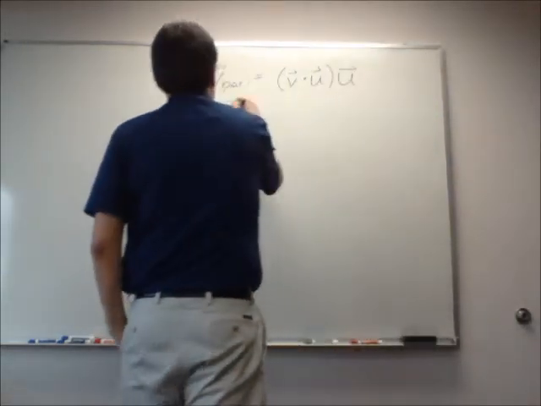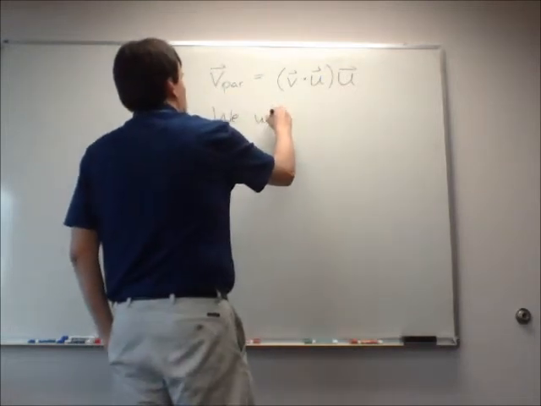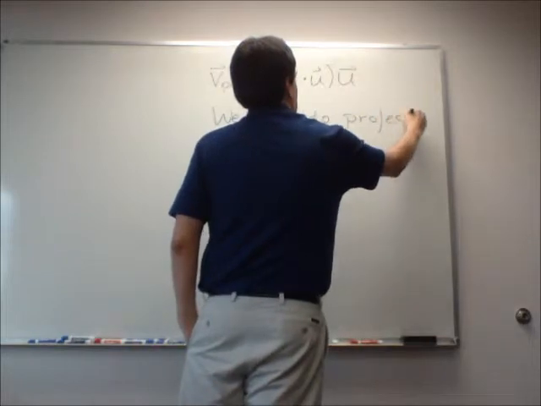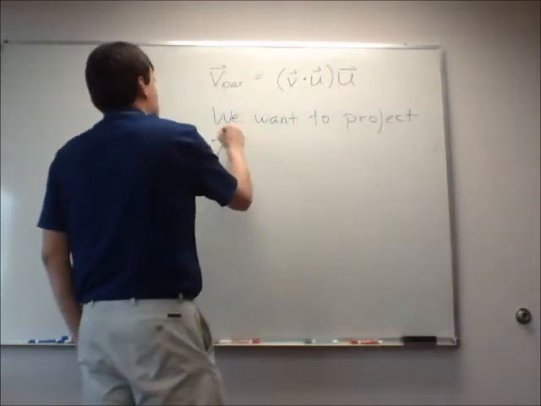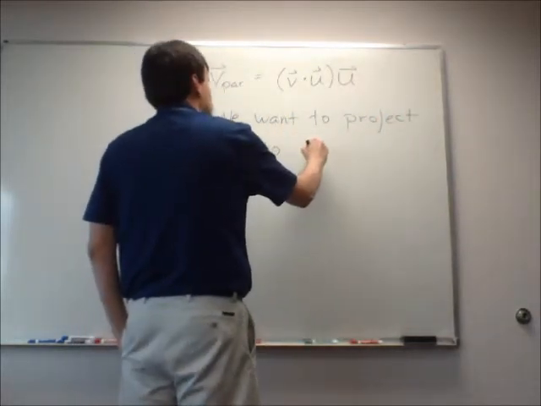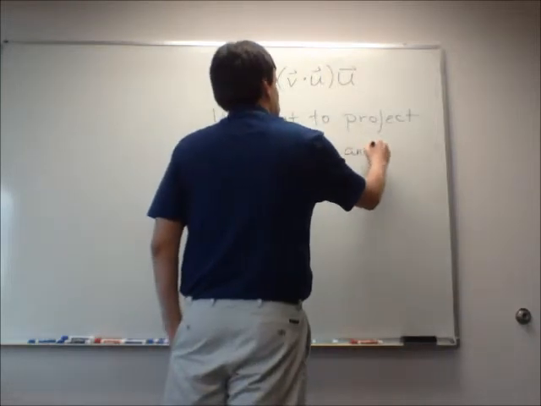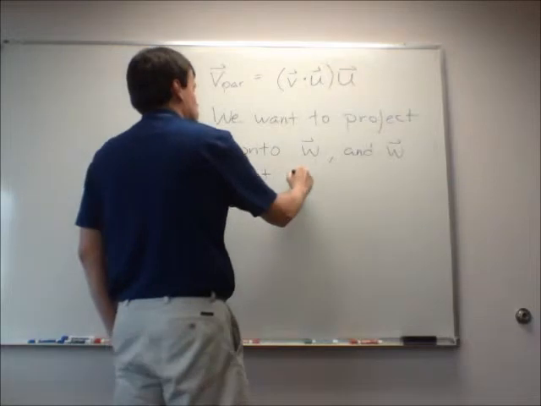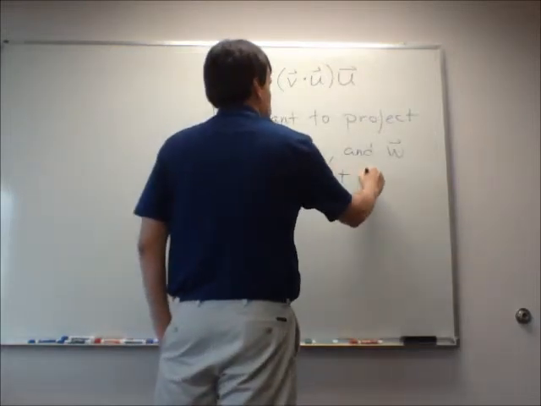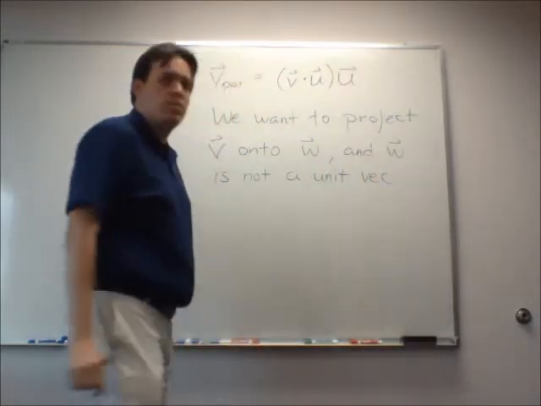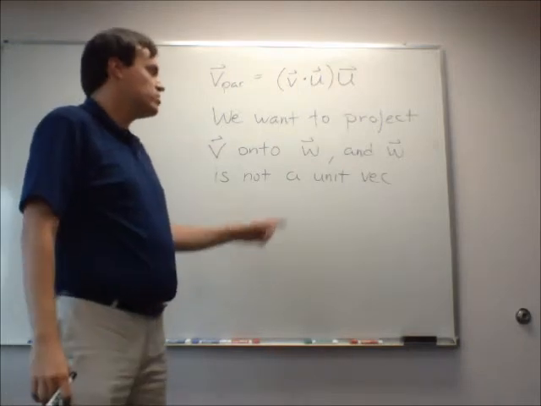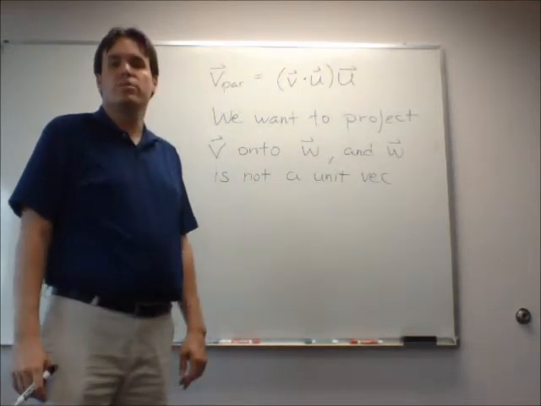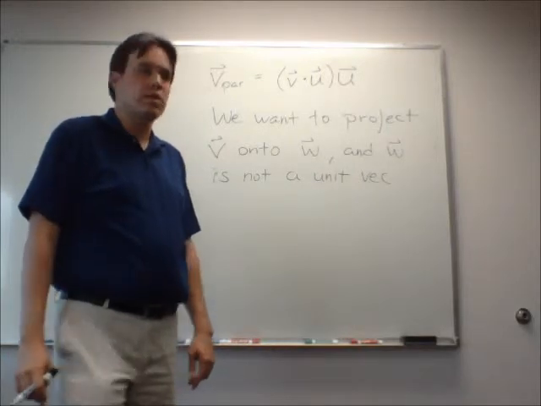So let's say we want to project v onto w, and w is not necessarily a unit vector. I think that the way most of you would handle that situation is you would turn w, the direction you want, into a unit vector, and then use the projection formula on that, and that's a good way to go.